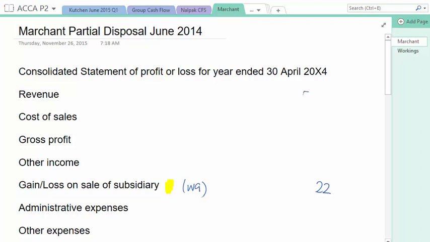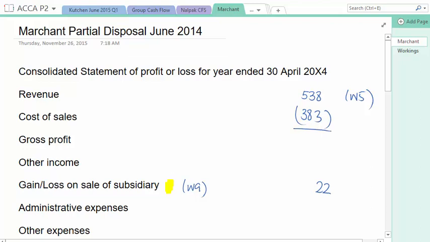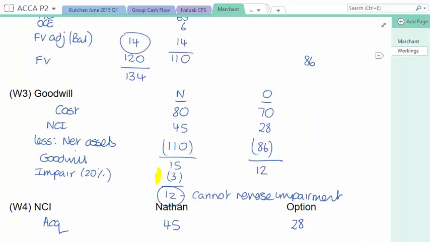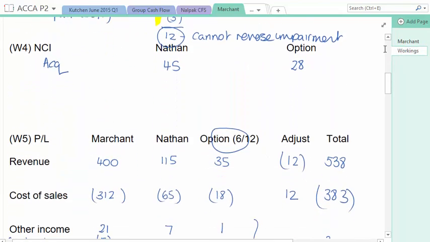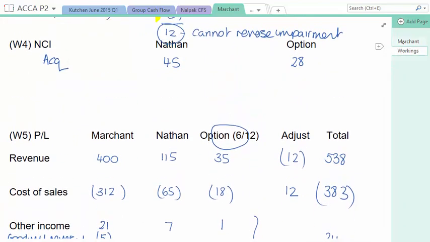So what have we got? Revenue 538, cost of sales 383. These are all coming from working number 5. Gross profit 155. The other income, I think, was 12. Let's just check, can't remember. Other income was 24.